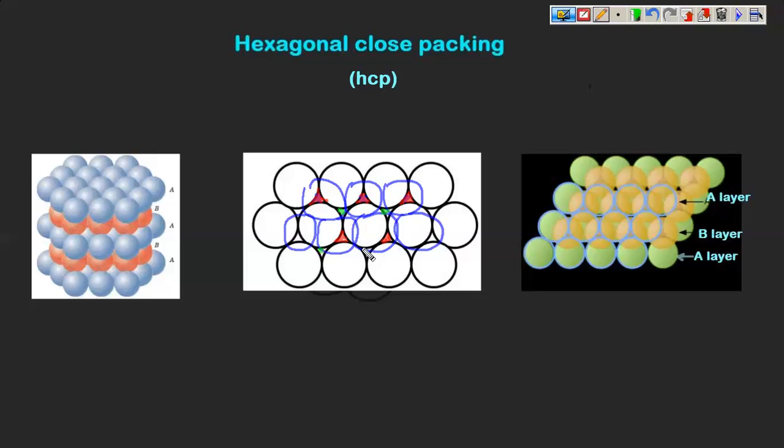These voids are called octahedral voids. So we see two types of voids here in hexagonal close packing: tetrahedral voids and octahedral voids.